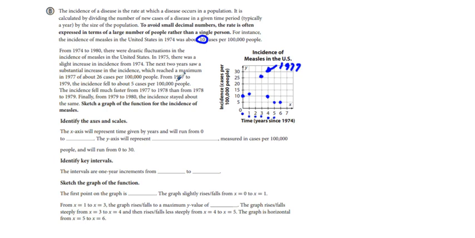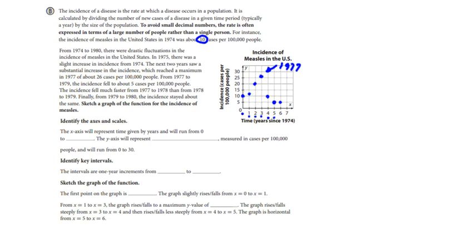And it says in the next 2 years saw a substantial increase, which reached a maximum of about 26 cases. So we could say that we went up from 12 maybe to 20. And then between 1976 and 77, we went up 6 more to reach our maximum. So based on what we were given, these are the values that I came up with. Some are exactly as given on the graph.